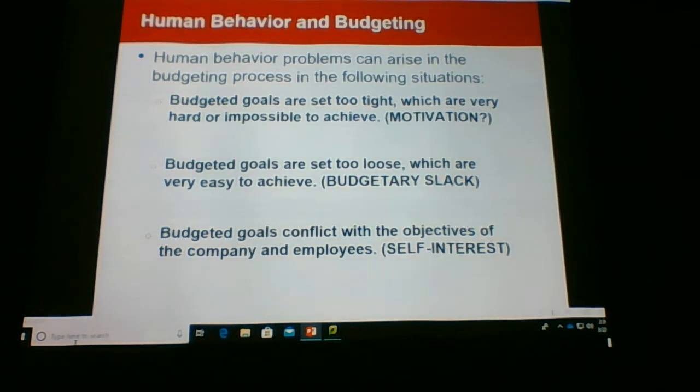but we have some problems that are inevitable when it comes to budgeting, and they involve the human element, very, very much so. And so when we go through these, we have sometimes goals that are set too tight, and these goals can be very, very demoralizing for the members of a team and in fact for a company as a whole.